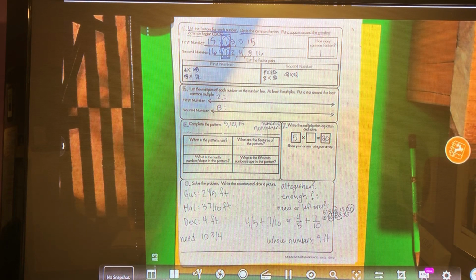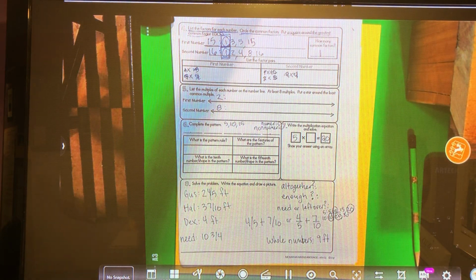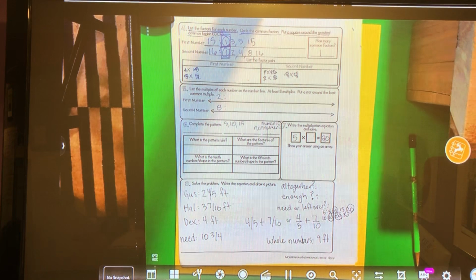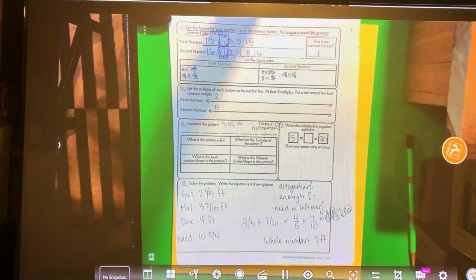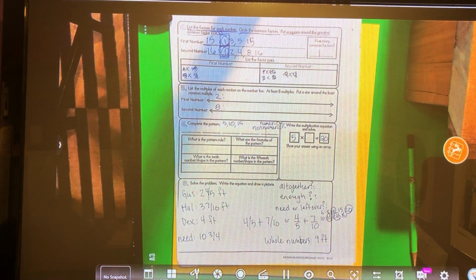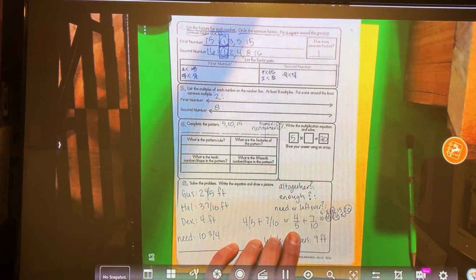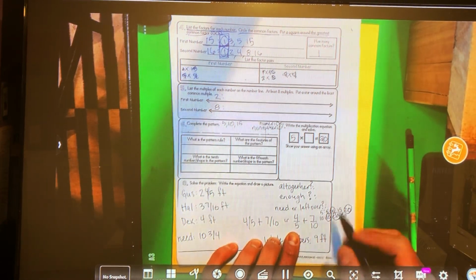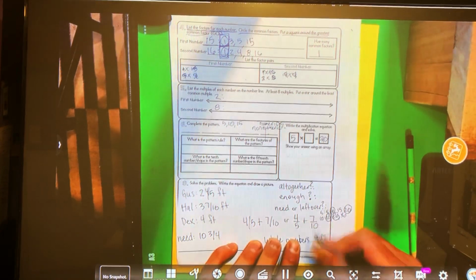So in finding the least common multiple, we can now start to create a common denominator. When we're looking at a least common multiple of 10, what do you have to do to 5 to make 10?